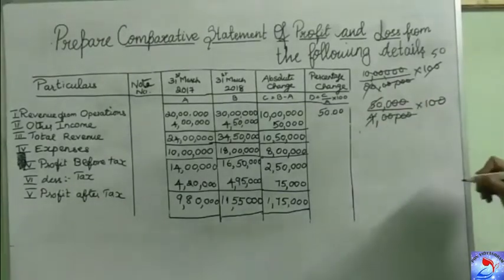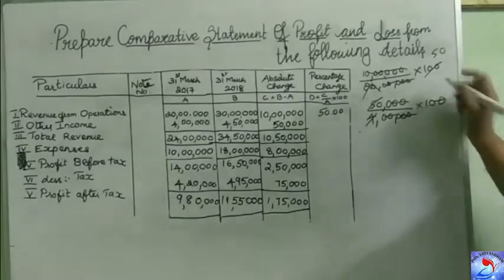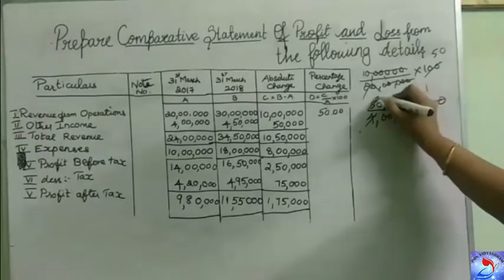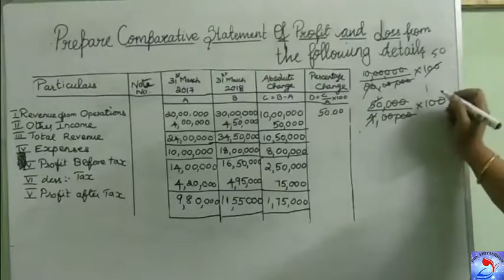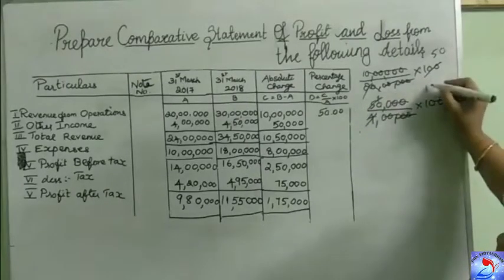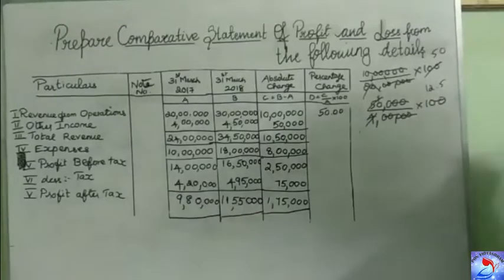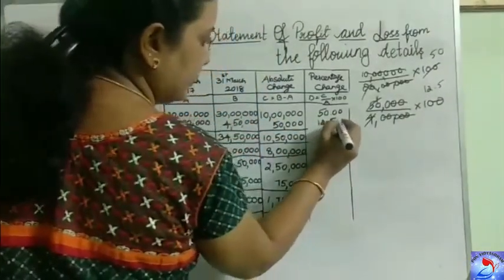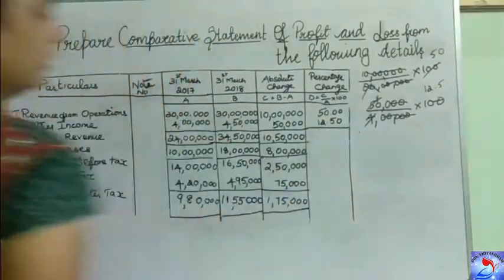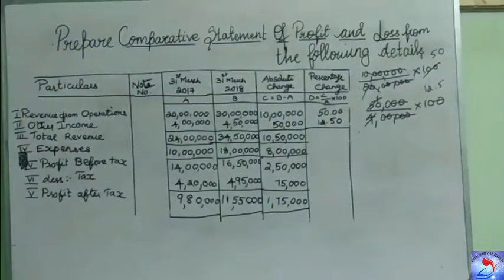It will obviously come in decimal. I think it is 12.50. So 12.50. Again for total revenue, you need to calculate 10,50,000 divided by 24 lakh into 100.